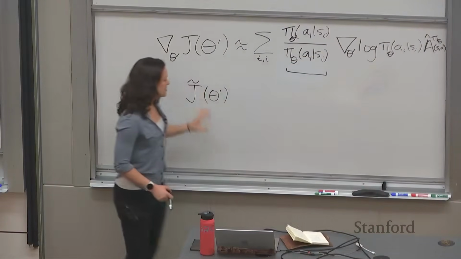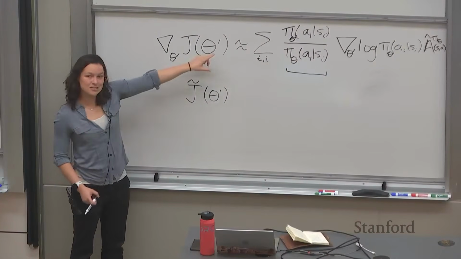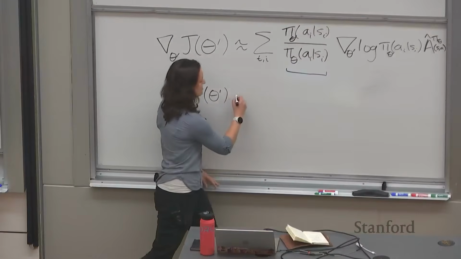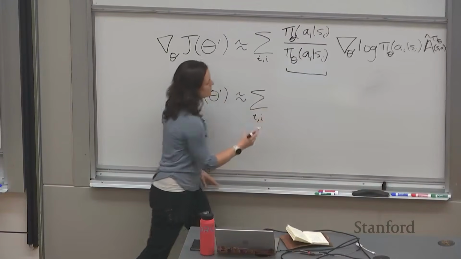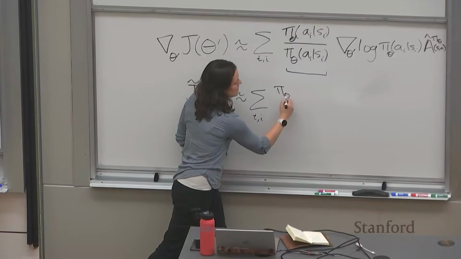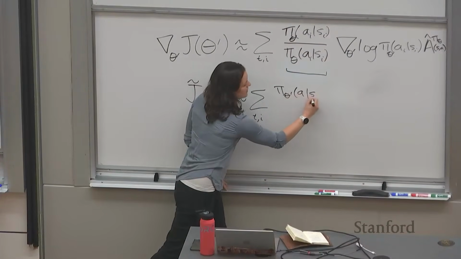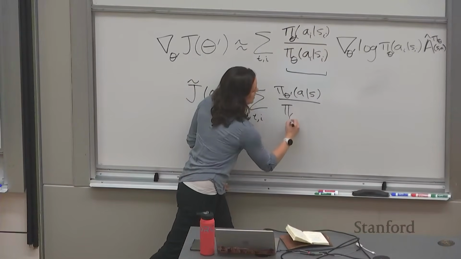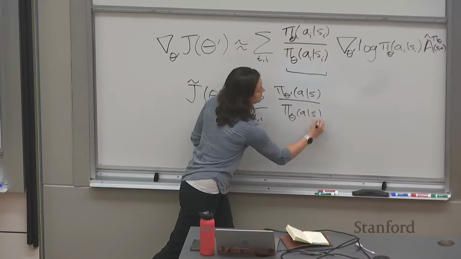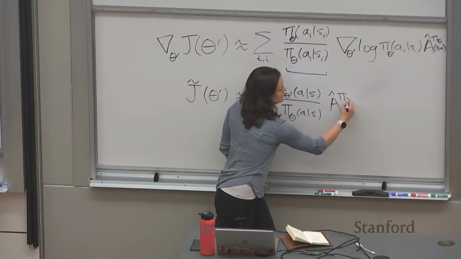And if we want to construct a surrogate objective such that its gradient is this, then the surrogate objective is simply going to be, we can replace this with pi theta of a given s. And then we'll still have the other terms, pi theta and the advantage right here.